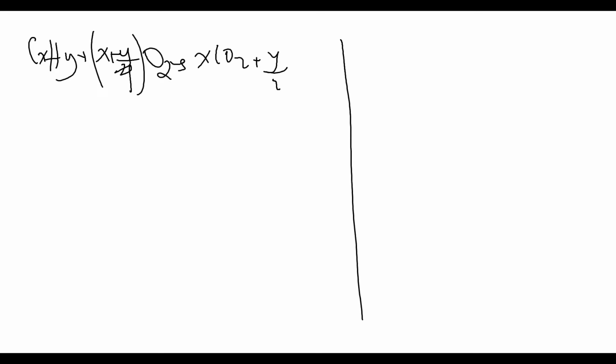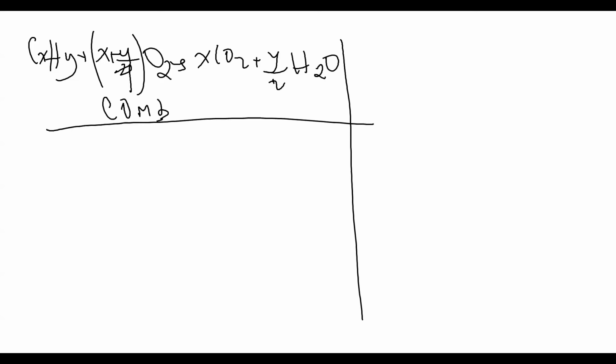So memorize, for the combustion reaction of hydrocarbons only, CxHy plus (x + y/4) O2 gives x CO2 plus y/2 H2O. This is only for the combustion. Just take the combustion on the side and memorize it. And now we will go for all other reactions with a very easy formula.